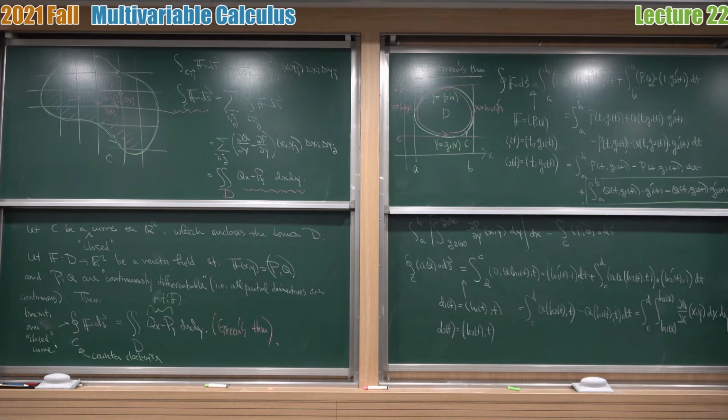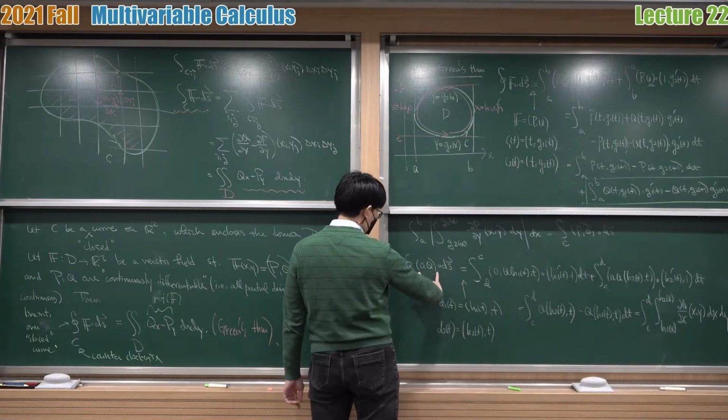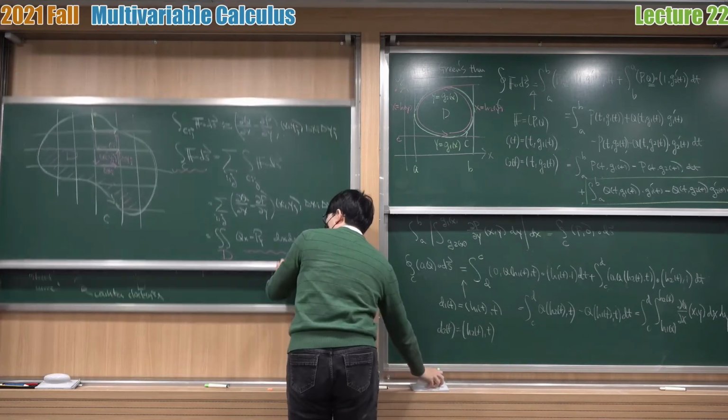Okay? So that's the line integration on this vector field. So let's combine these two.